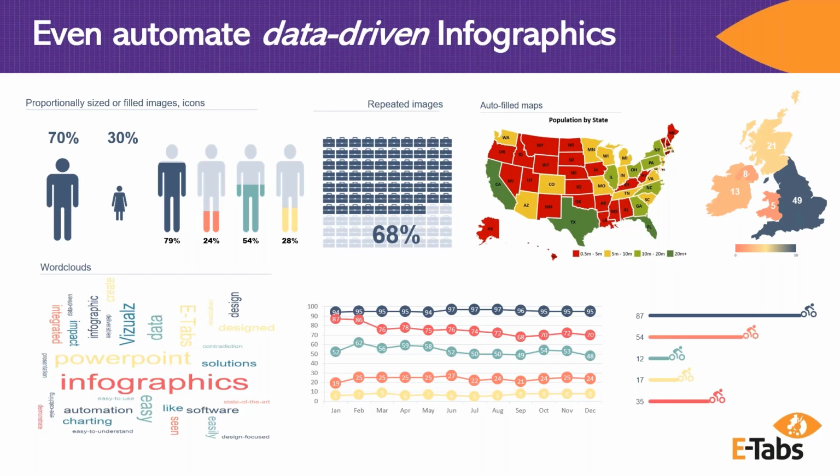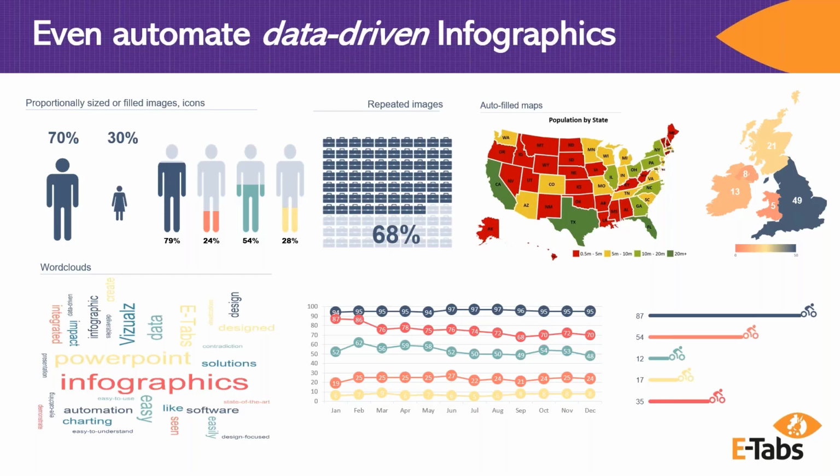What we're also able to do now is expand your method of visualization. So not just your standard PowerPoint charts, chart types, and so on, but also infographics. So we can drive data into, and here are some examples on the screen, these types of infographics, whether it's automatically sizing objects proportionally to the value, or filling them proportionately with color, or repeating them.